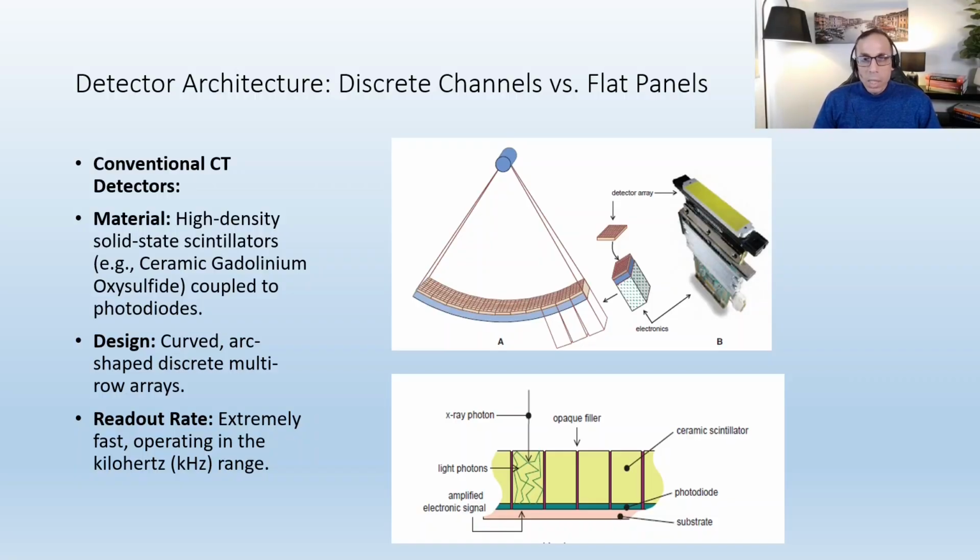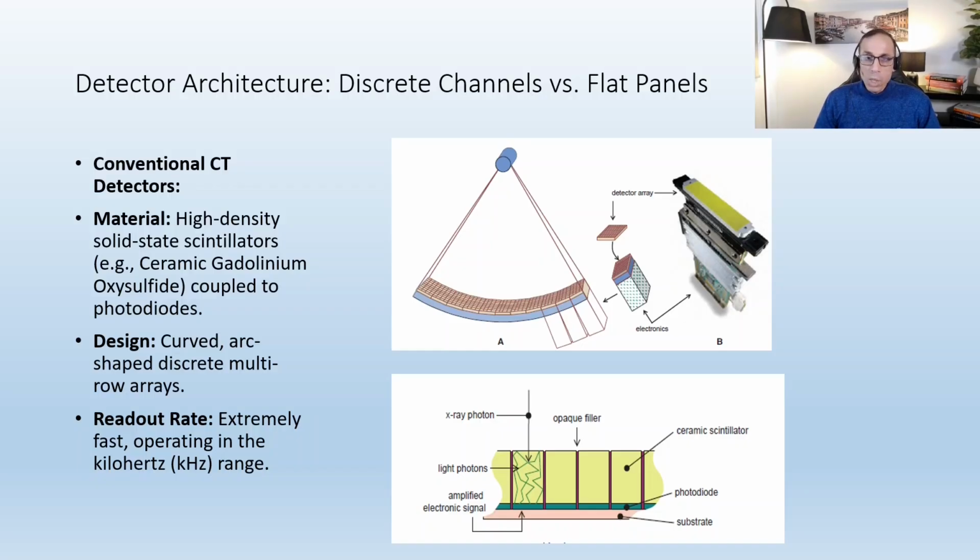In conventional CT, we utilize a highly optimized curved array of discrete solid state scintillators. As you can see here in the upper image, these are physically isolated from one another to prevent crosstalk and are curved precisely around the focal spot to maintain a constant source to detector distance.